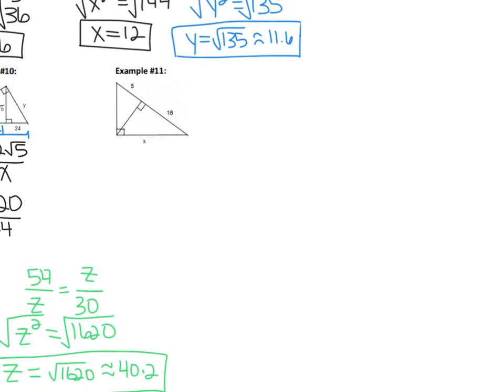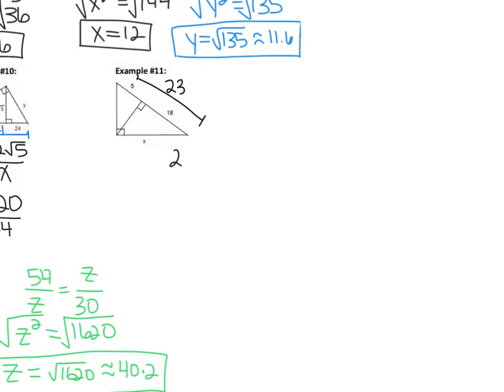Last example, example 11. We want to find one of the legs of our right triangle, and we only know the lengths of the segments of our hypotenuse, which means using our second geometric mean. So we need to know the length of the whole hypotenuse. So if one segment is 18 and the other one is 5, the whole hypotenuse has a length of 23.